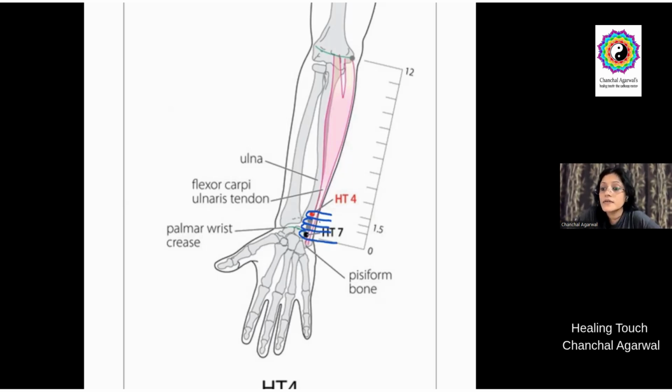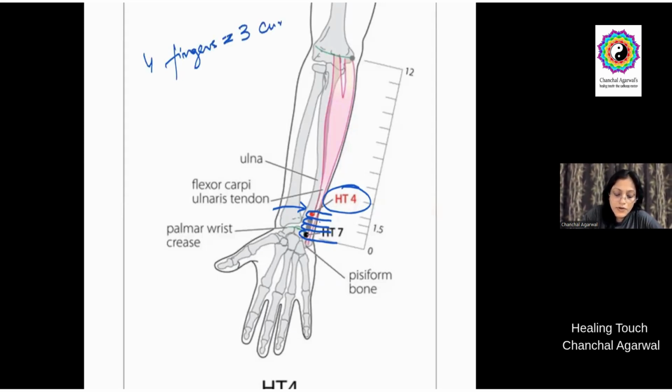Not yours. Patient's. So if you are locating the point on the patient, it should be the patient's 4 fingers. So under the 4th finger, we have H4. Okay. 4 fingers is equal to 3 kun.